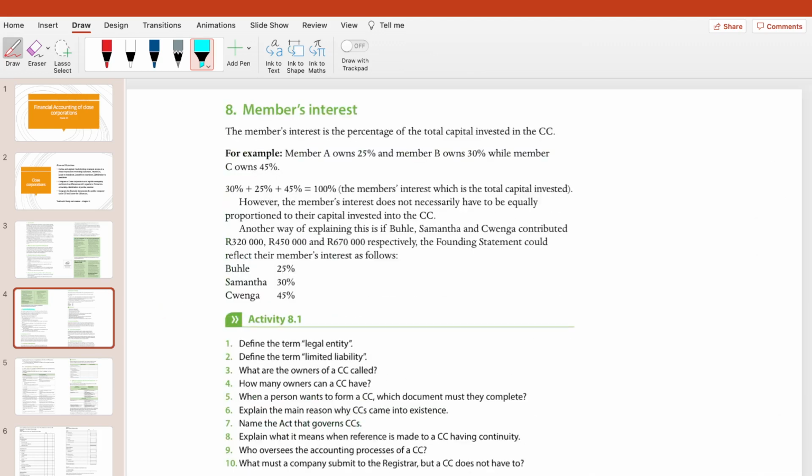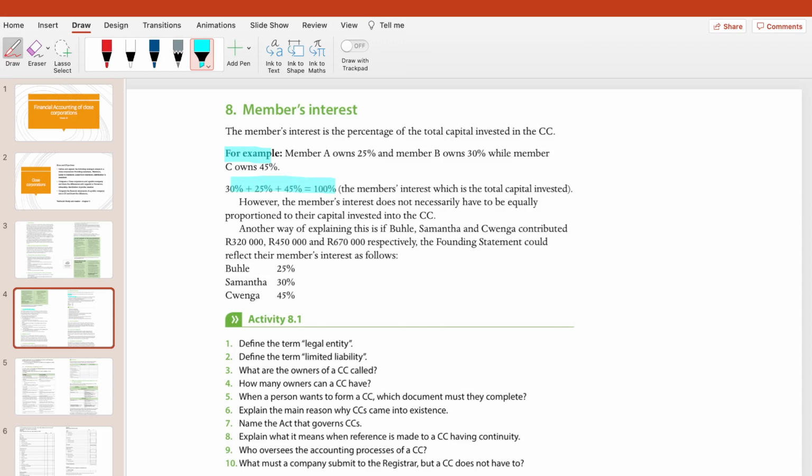Members' interest in the CC. The members' interest is the percentage of the total capital that they invest into that CC. So if we look at this example, member A owns 25%, member B 30%, and member C 45%, and all those percentages will add up to 100%.